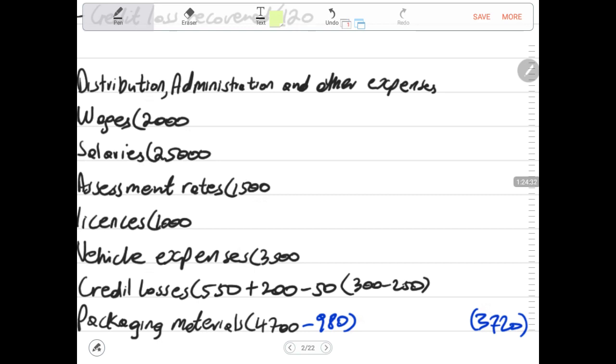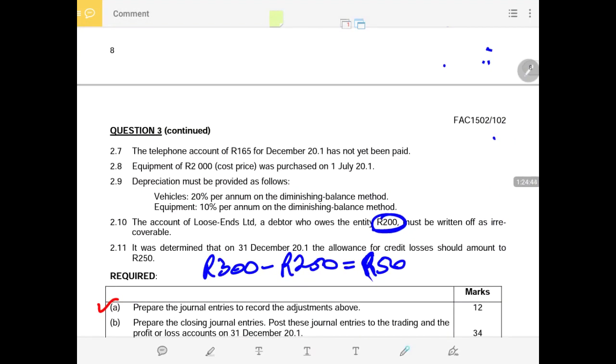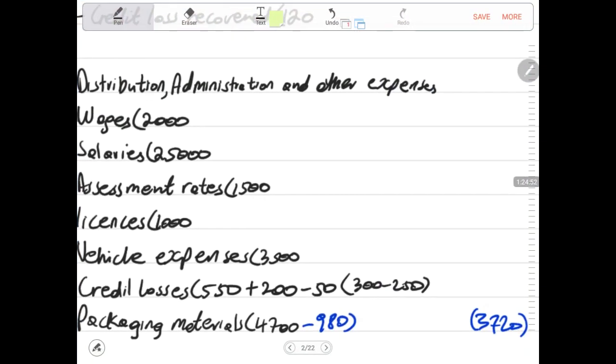Now the reason why credit losses are decreasing is because the provision for credit losses at the end of the year has decreased. If this was the other way around, I want to highlight that if our allowance for credit losses at the end of the year were 350, this would have been plus 50 rand, an increase from 300 to 350.